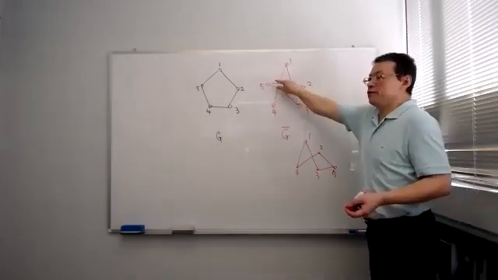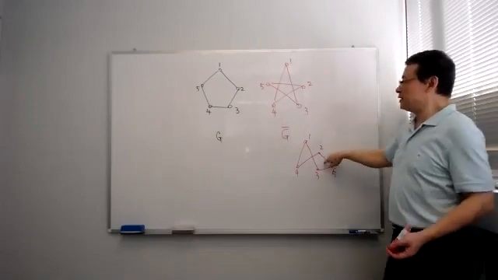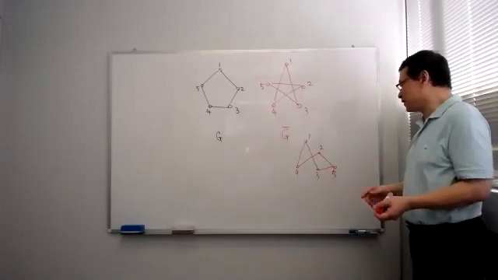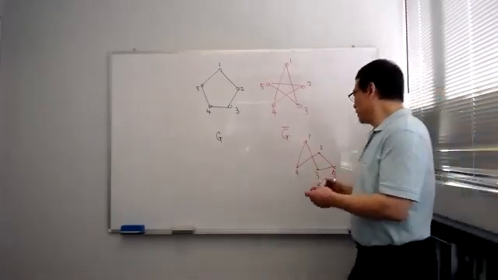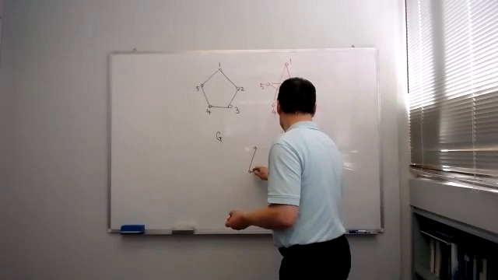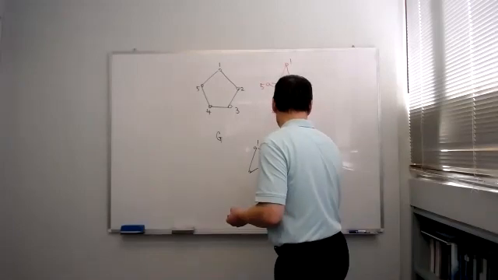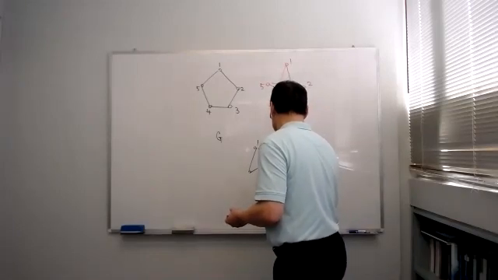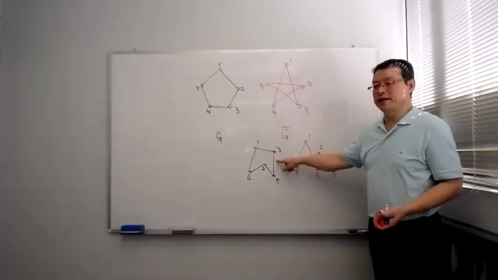But if I pull 5 over, the drawing looks like this. Then these two graphs still look different. Now if I draw this one this way, pulling 3 over here, it looks like this.